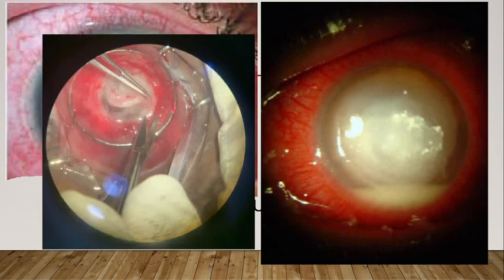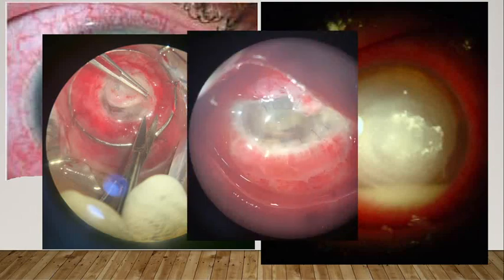And this is what you call hypopyon, the pus collection inside the anterior chamber, and then possibly a bad cornea. You might have to do a corneal graft, and the patient is on lifelong treatment like a normal graft. And here the treatment, they advance the conjunctiva and try to cover the corneal ulcer.